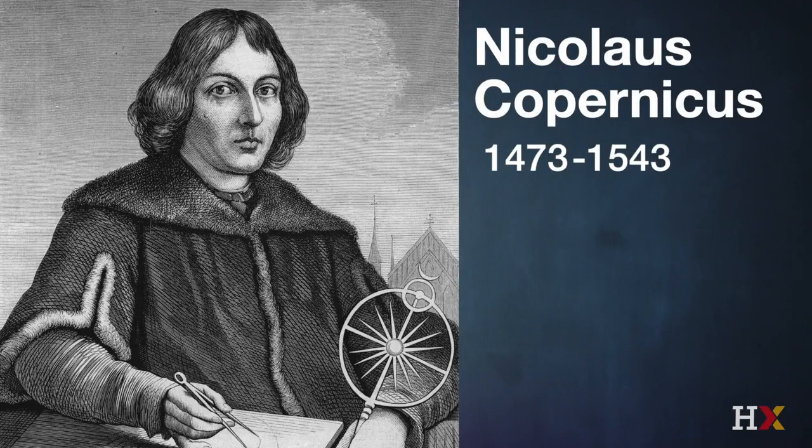And one of the most famous examples of this was the work of Copernicus, 1473 to 1543, in which he made extensive observations that proved that the Earth, along with the other planets, revolved around the sun rather than the belief of the day that all astronomical bodies rotated about the Earth.